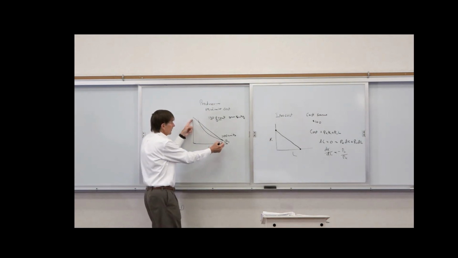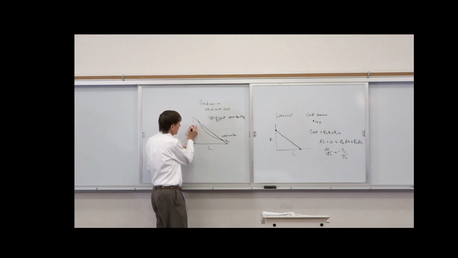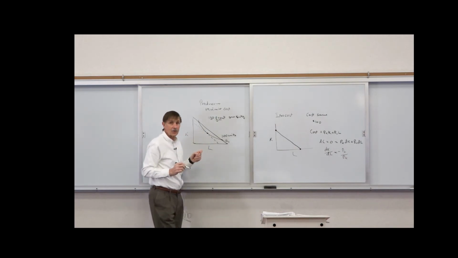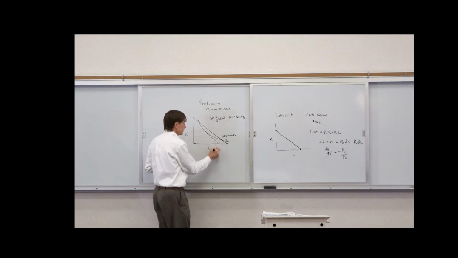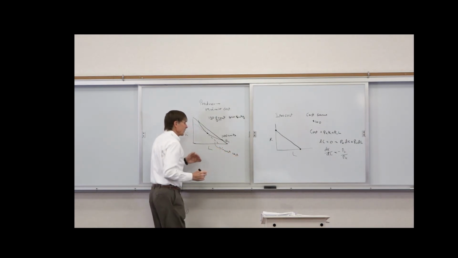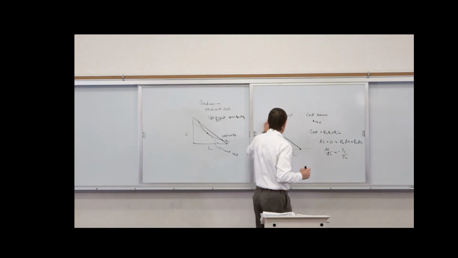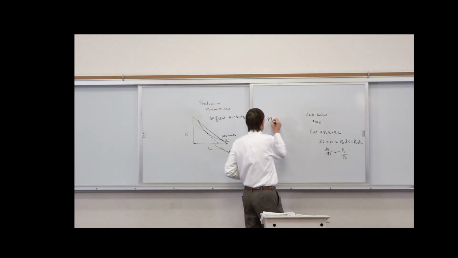So what am I going to do? I'm going to keep moving the isocost line until it's tangent, right? That's going to be the lowest cost. The lowest cost is going to be where I keep moving that isocost line in until it's tangent.